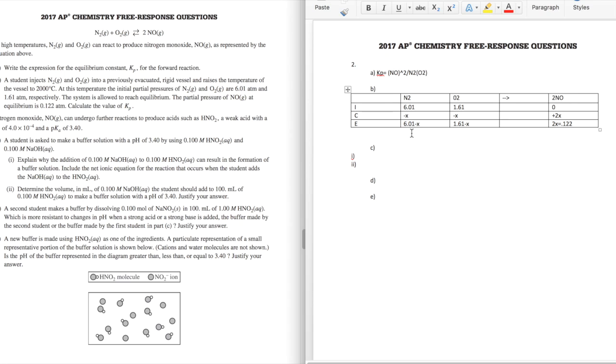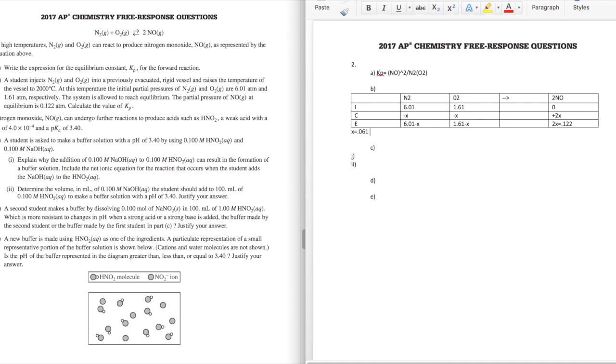All right, and now we just have to use the equilibrium constant expression like we did in part A. We just have to find x, and then finally get the equilibrium Kp. To find x, all we have to do is take this right here and divide it by 2. If we divide that by 2, x equals around 0.061.